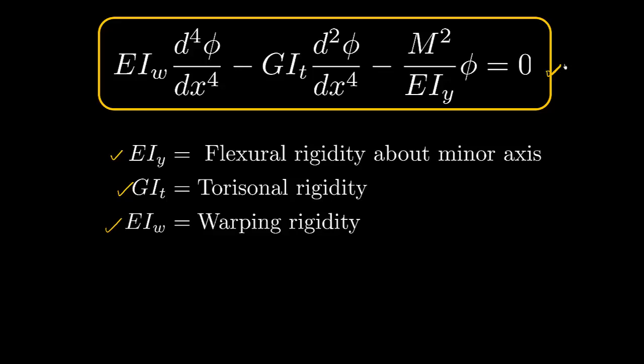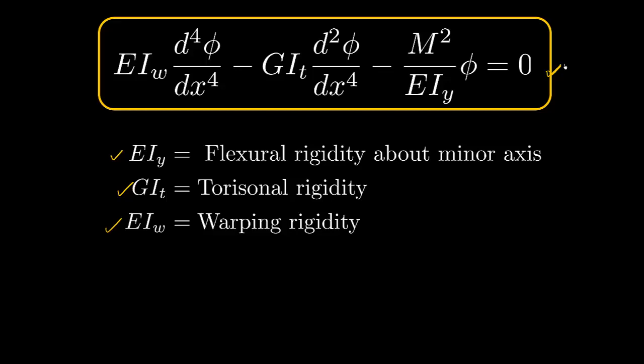And this is very similar to the compression member. So if you remember, if you have a compression member and if you apply a force P, then up to a certain point of time, this compression member buckles, and you can find the critical force at which the compression member buckles. Similarly, in this case also, you are increasing M, you can find a moment M at the point of time this member is going to laterally buckle.